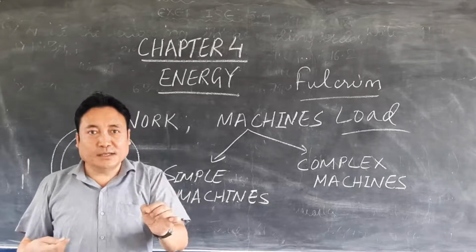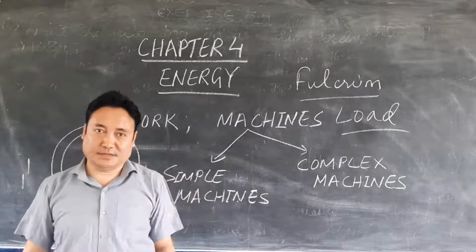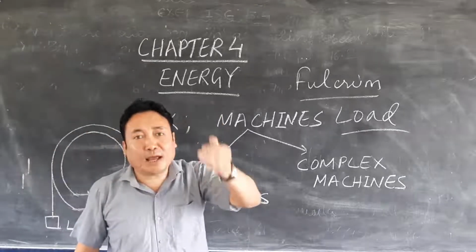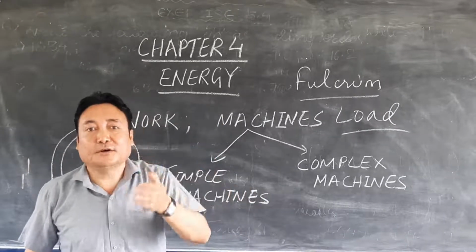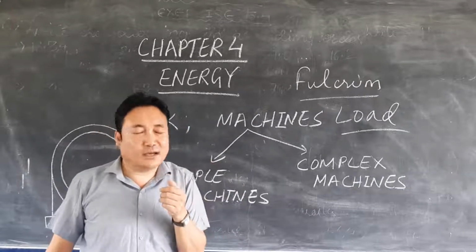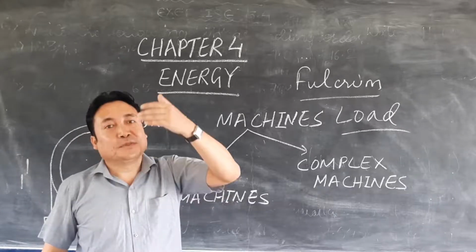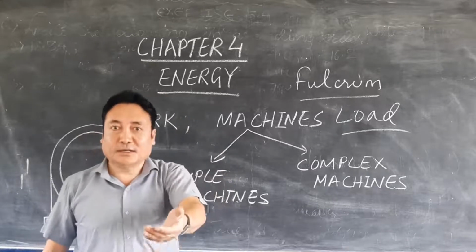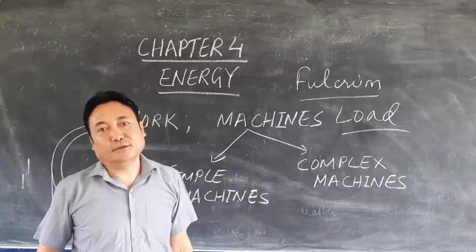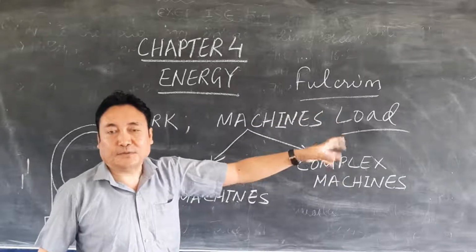That means load is the force applied or exerted by the machine on an object. Here the machine is a simple pair of scissors, and the object is the cloth or paper. So the force exerted by the machine on the object, either the paper or the cloth, we call the load. So load is the force exerted by the machine on an object.